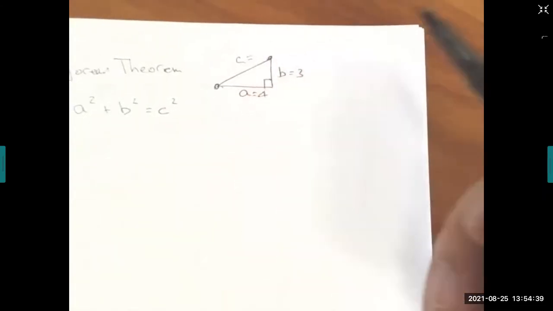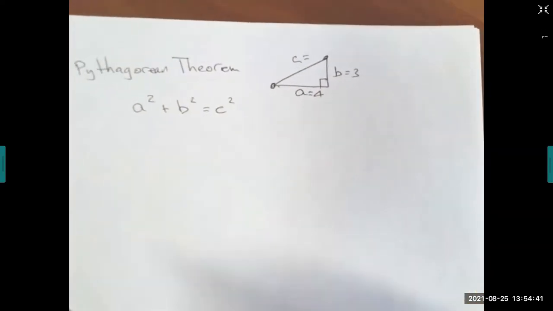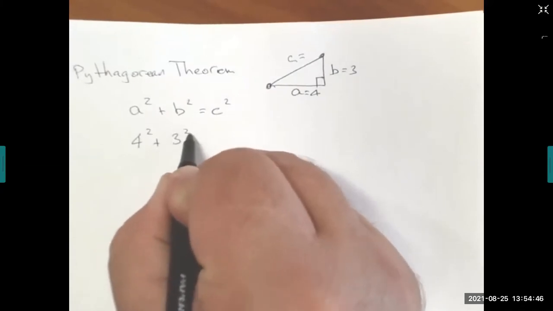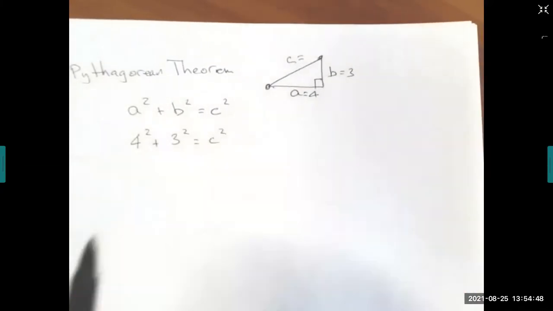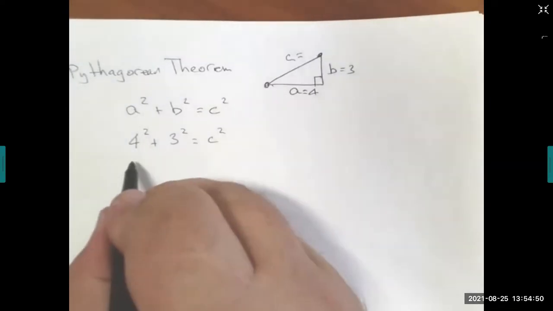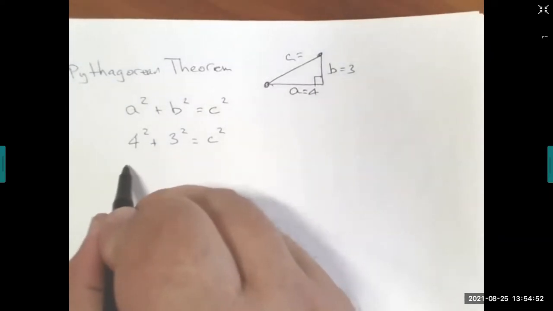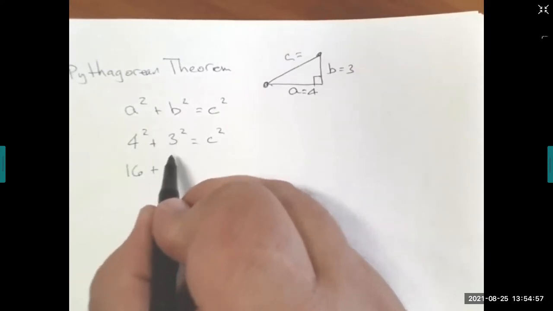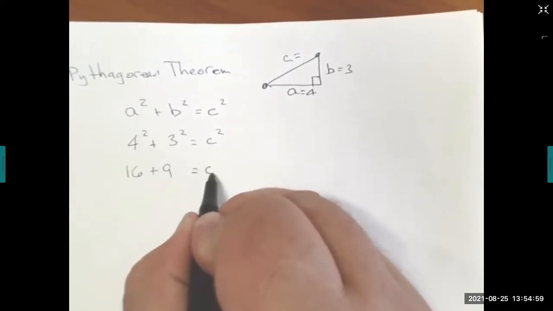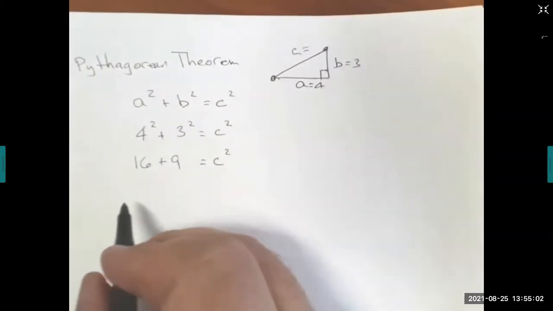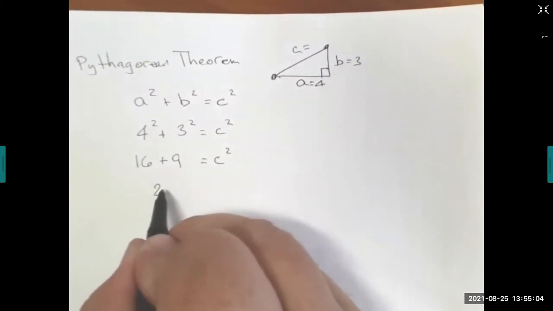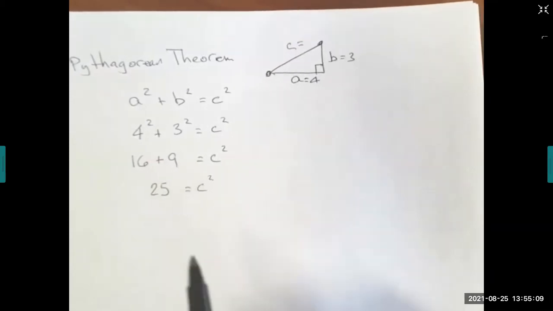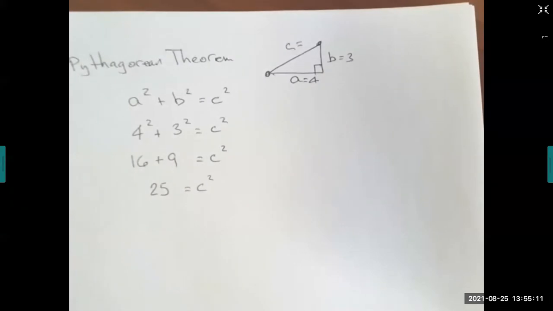So what does C equal? 4 squared plus 3 squared equals C squared. 4 squared is 4 times 4 is 16. 3 squared is 3 times 3. 16 plus 9 is 25. 25 equals C squared.